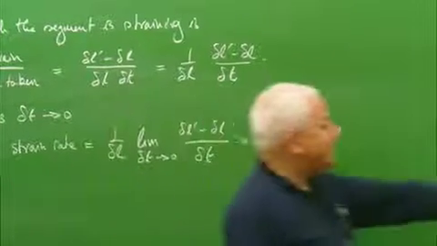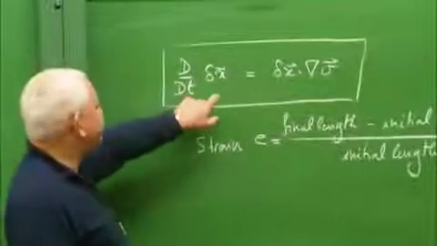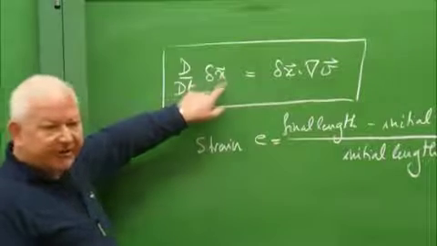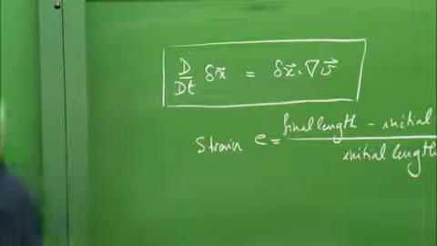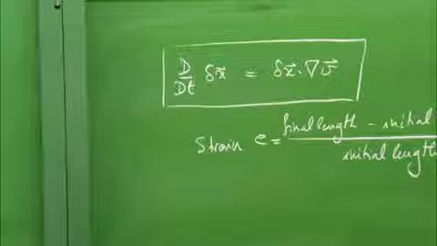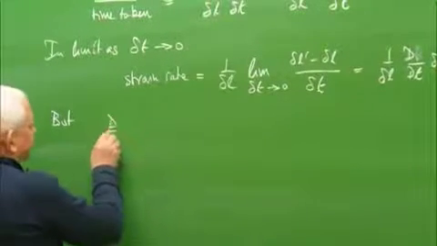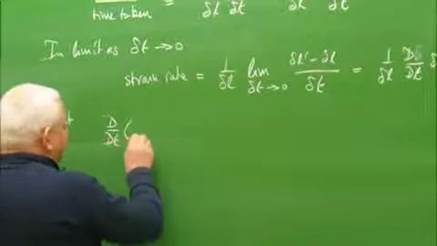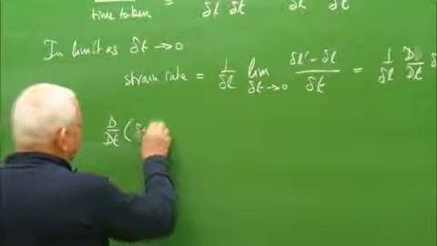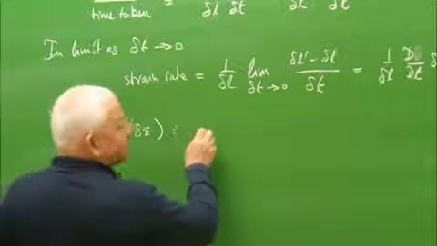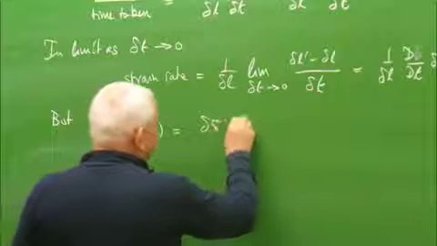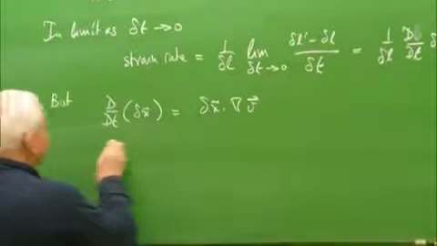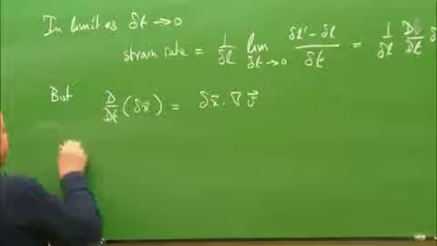The result that I have tells me what d/dt is, not of delta L, but of delta x. So let me see what I can do with this result. d/dt of delta x is equal, according to that result, to delta x dot lambda on b.